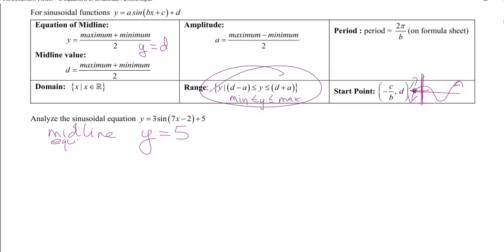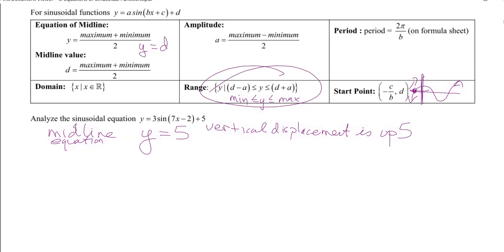The midline equation is y equals 5. It's y equals d. We're talking about this in terms of vertical displacement, and the vertical displacement is up 5.